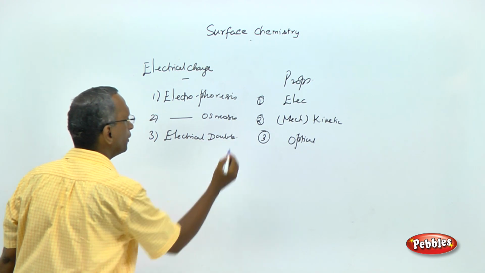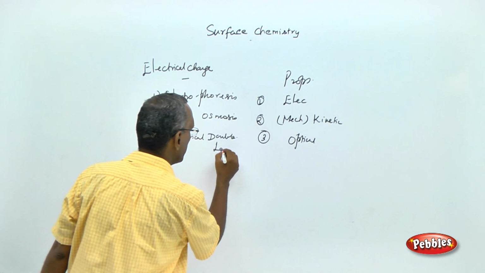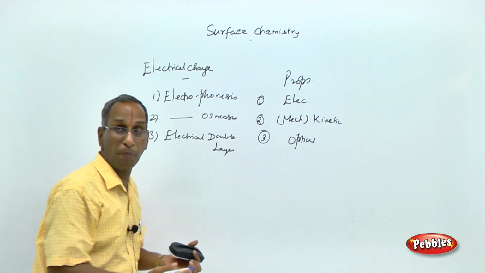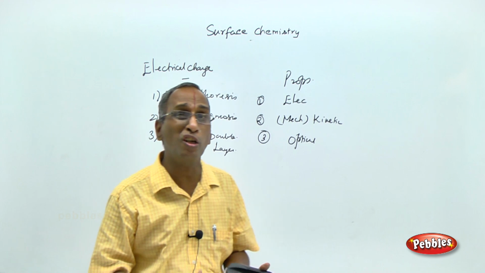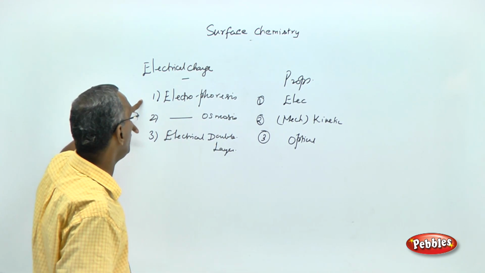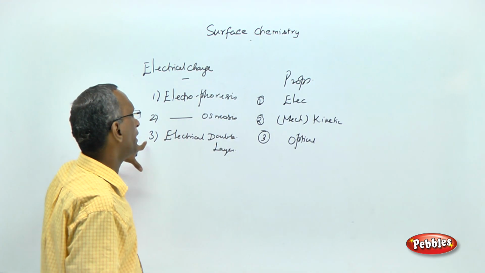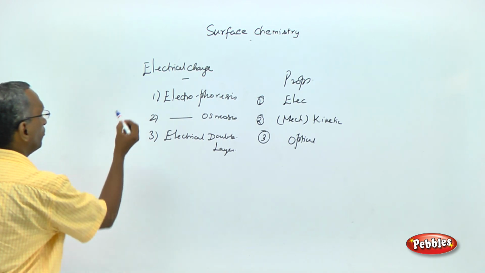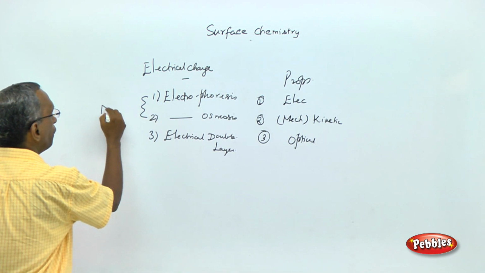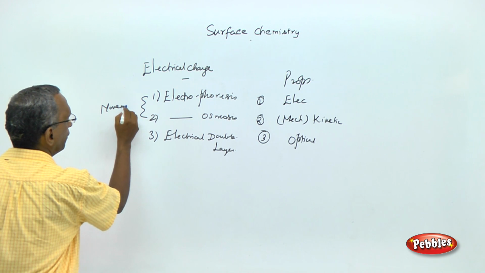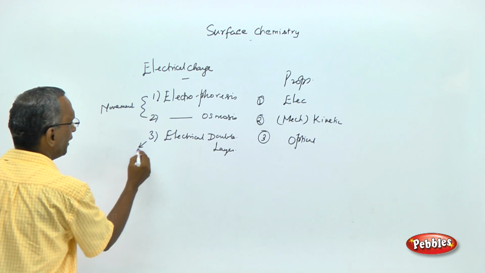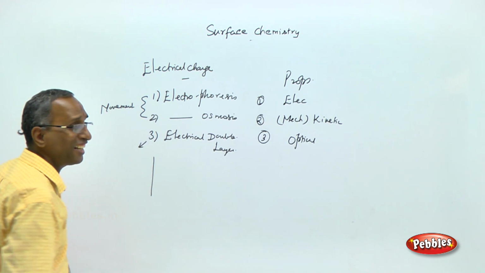So these are the three important properties of colloids based on the charge on the colloids. Electrophoresis and electroosmosis are phenomena of movement, whereas the double layer is the formation of a stationary layer.